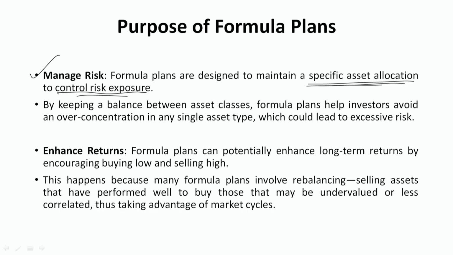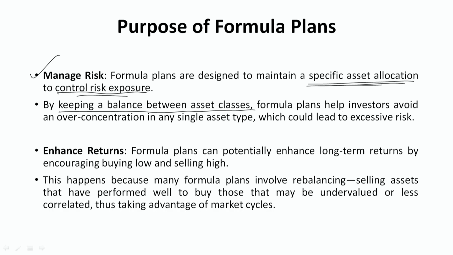Okay, and the basic idea of having a formula plan is to have a balance between the different asset classes which are available, so that in the long run, even if one is not going to give you the benefit which you deserve, the other type of asset would be giving. Some types, like antiques, would be giving you a better return than a stock which you are going to hold for a longer period of time, right?